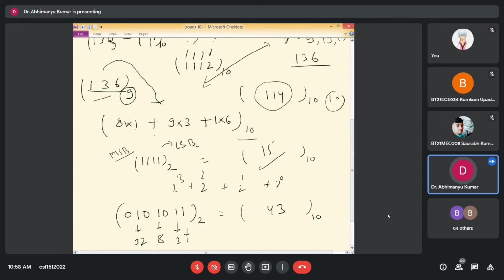Right? 32 plus 8, 40 plus 3, 43. Simple. Right? Now I'm claiming that this is not in binary system. This is in radix 5 system. Then what is the answer in radix 10?